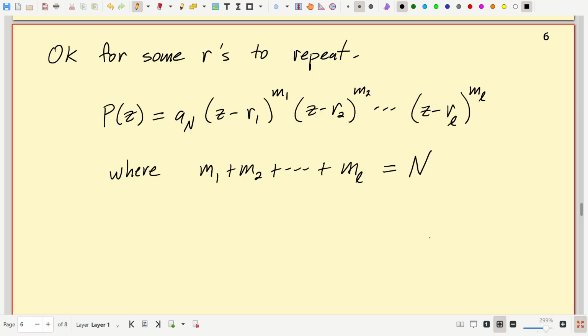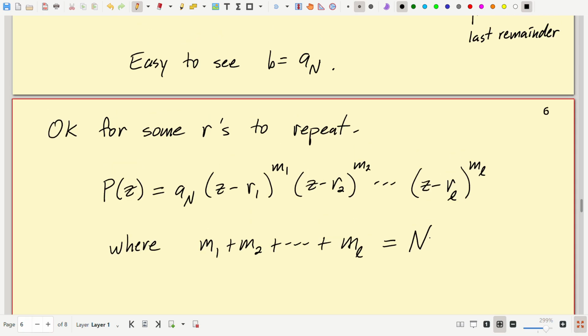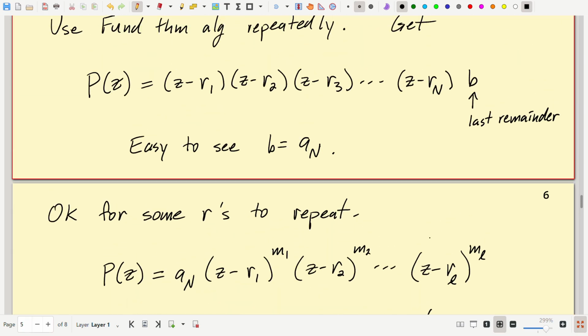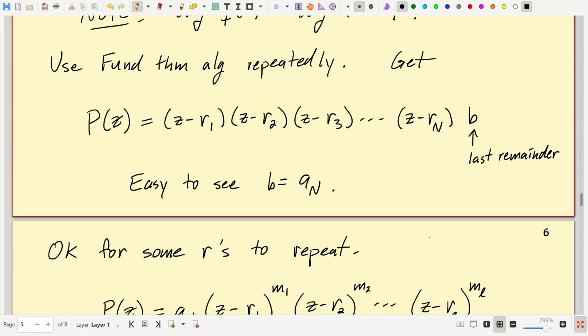Is that a question on this? Shouldn't it be the last quotient instead of the last remainder up there? Let's see. That should be the last quotient instead of the remainder. Oh yeah, this is the last. The last quotient would be of degree 0, and it would be a constant because we get down to degree 0 at some point.